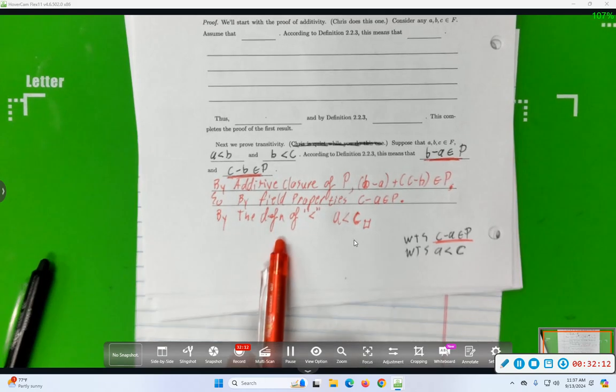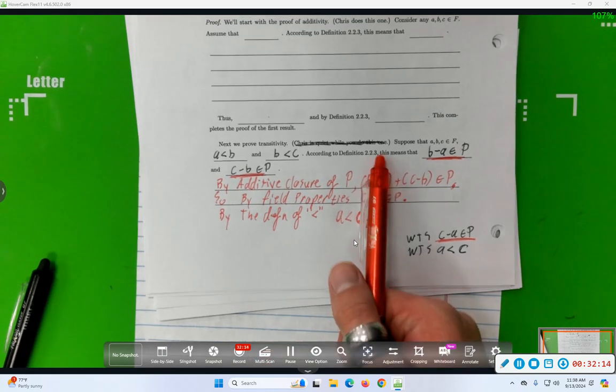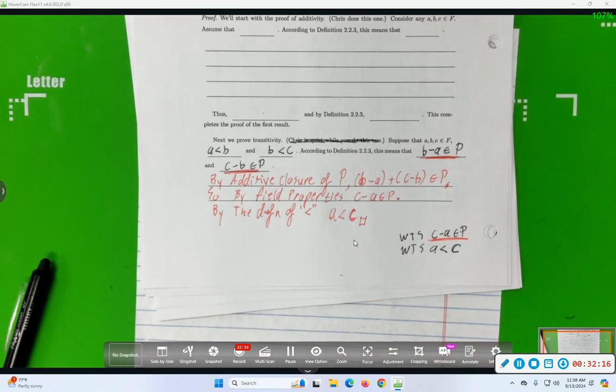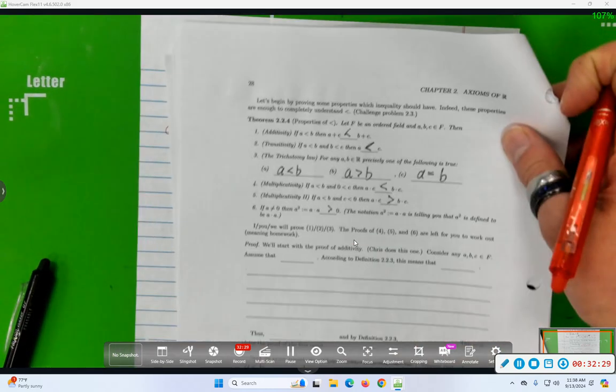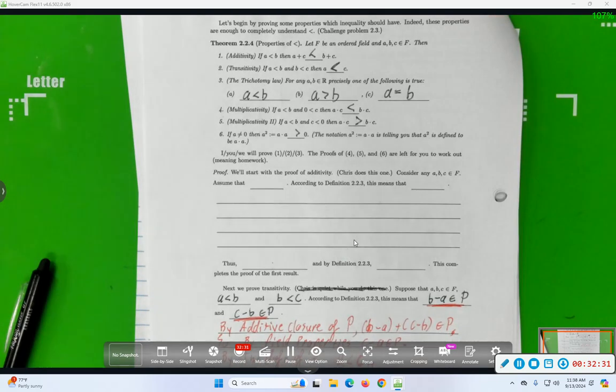If you want to be more precise, that's probably definition 2.2.3. The definition of inequality is happy for me. Does that feel pretty good? Think you could do something similar to accomplish the proof of item 1? Try. Yeah, try it.